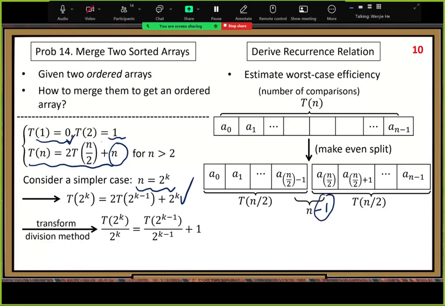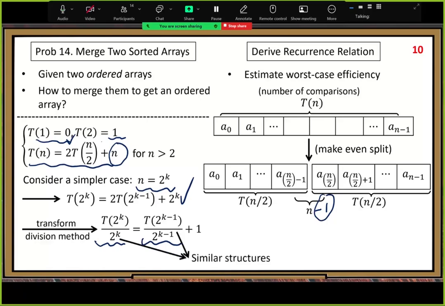On the left-hand side, T of 2 to the k over 2 to the k. On the right-hand side, you can see T of 2 to the k minus 1 over 2 to the k minus 1. The exponent is 1 less, but they have the same structure. If we can do the transformation like this, then it's easy to solve.